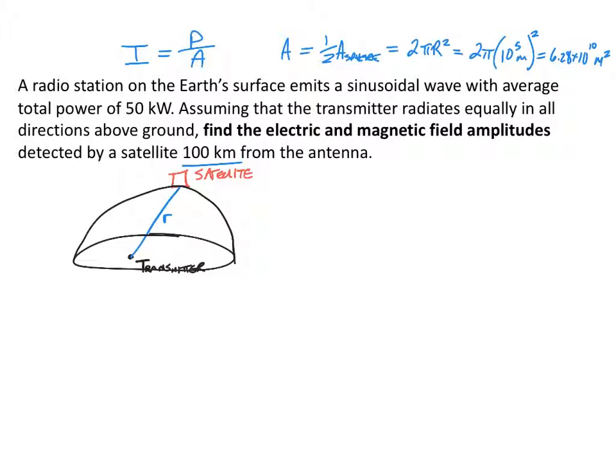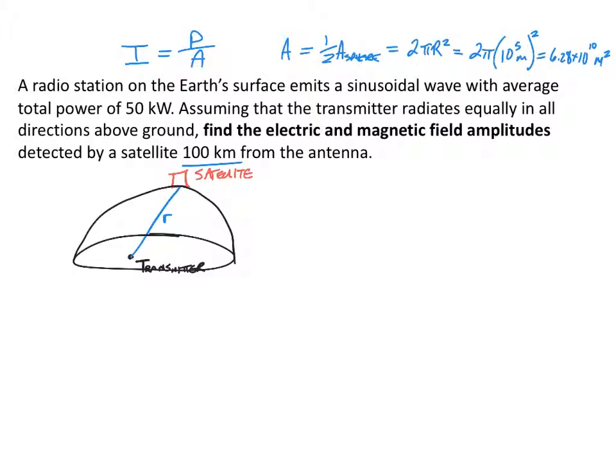While that's a simple formula, understanding what the formula refers to matters. Intensity is power per unit area. What area? Well, at 100 kilometers, the dome of this radially expanding wave in all directions gives us that area.